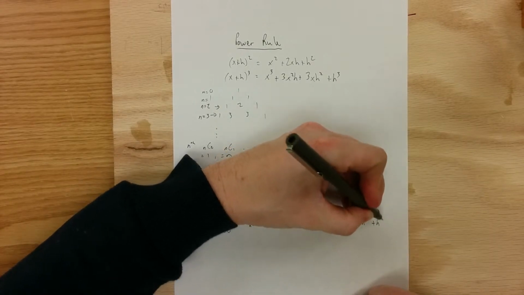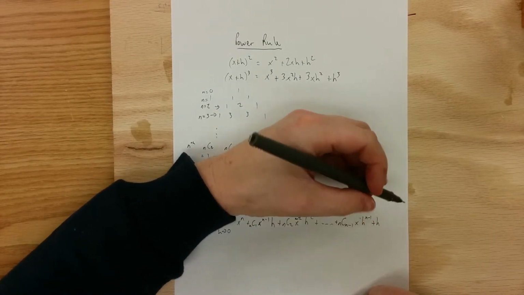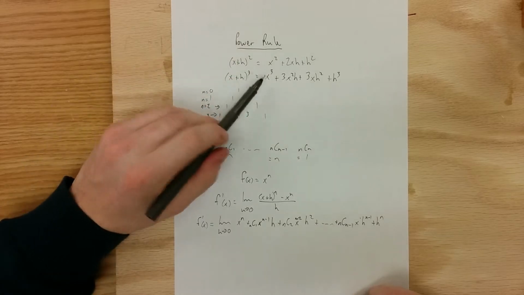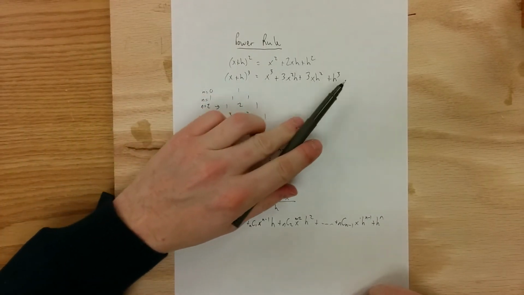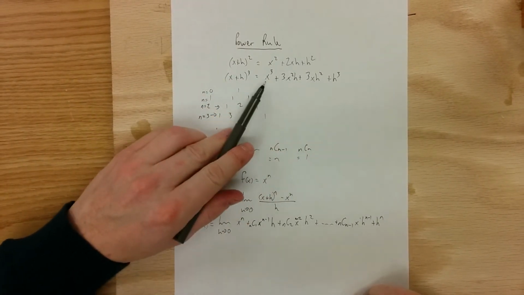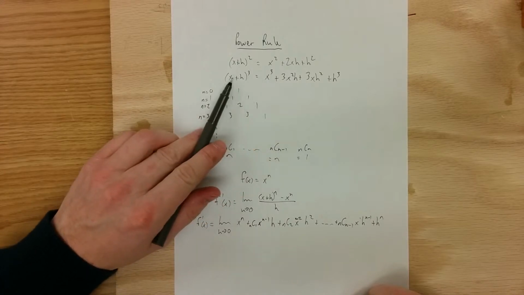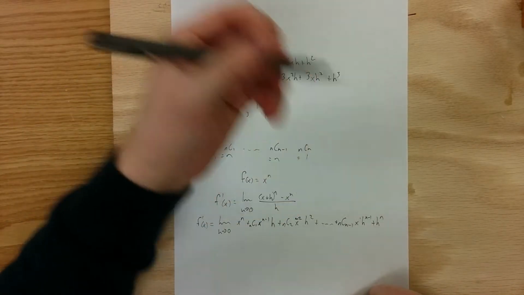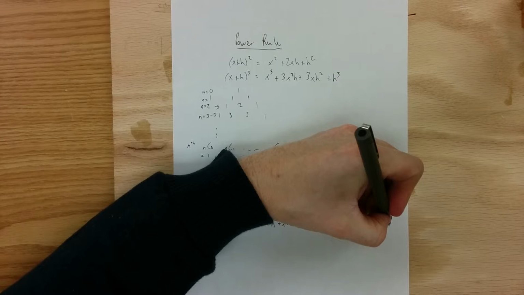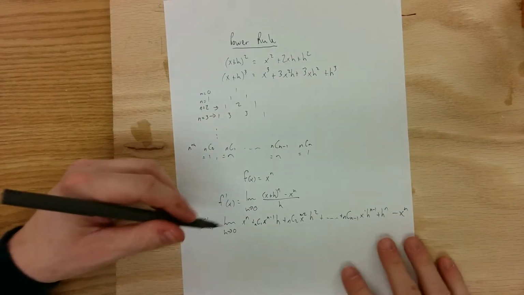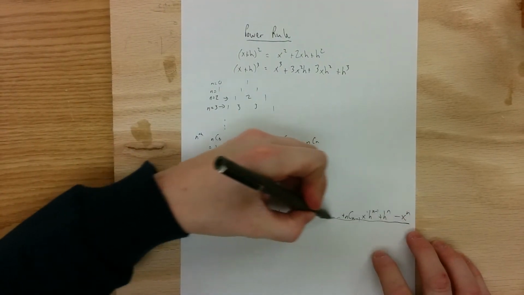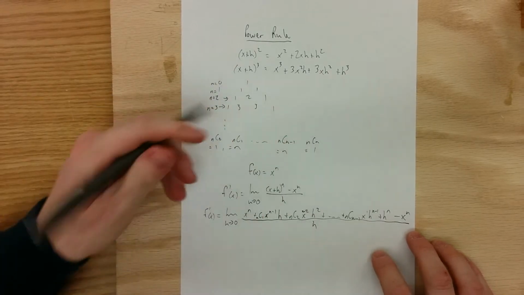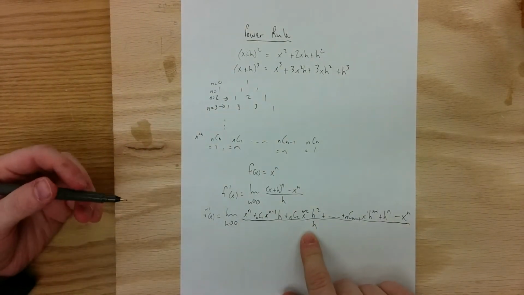And the last term will be h to the n. It always starts and ends with the term to the n. And then at the very end of all that, we can't forget that we're going to have a minus x to the n, and all of that is going to be over h.